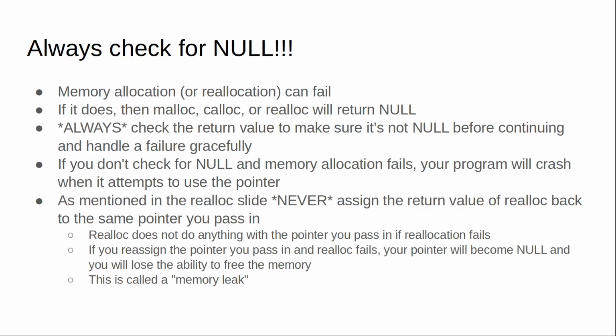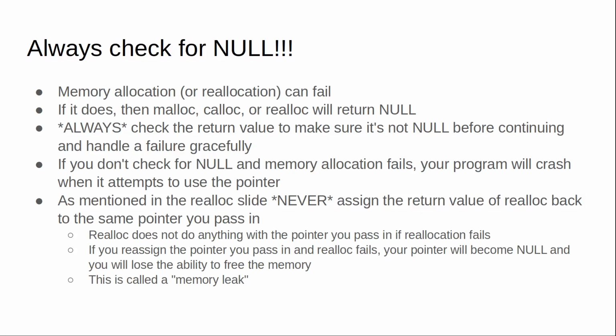Malloc, calloc, and realloc can all fail. Usually that happens when the operating system doesn't have enough memory to grant you the size that you requested. And this does happen. I have seen this happen in the real world. If one of these functions fails, they will return null.